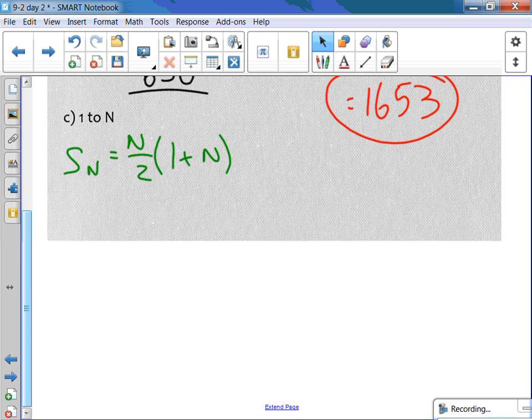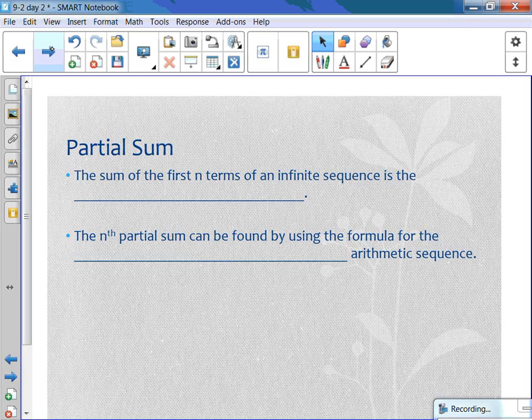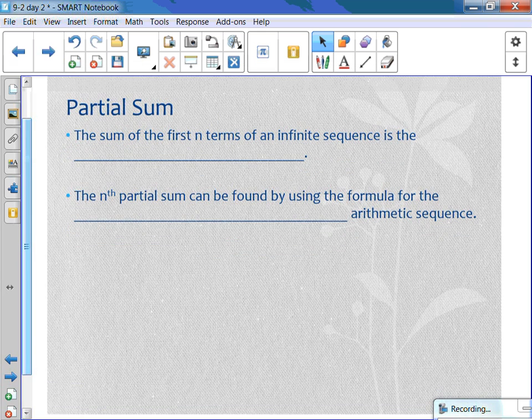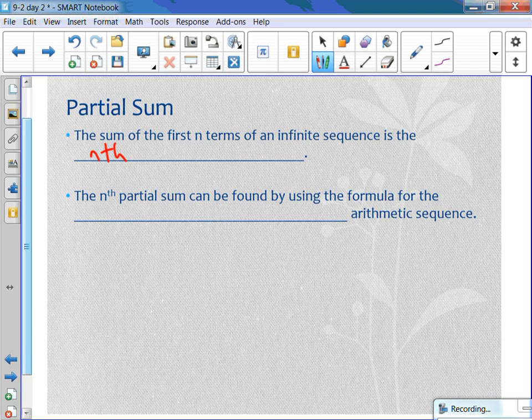If we have an infinite sequence, we can actually talk about a partial sum, where we're not going to add up every single term, but if you want to look at the first n terms and sum those up, that's the nth partial sum. Again, if I have an infinite sequence and I just want to add up the first 20 terms, that's the 20th partial sum.